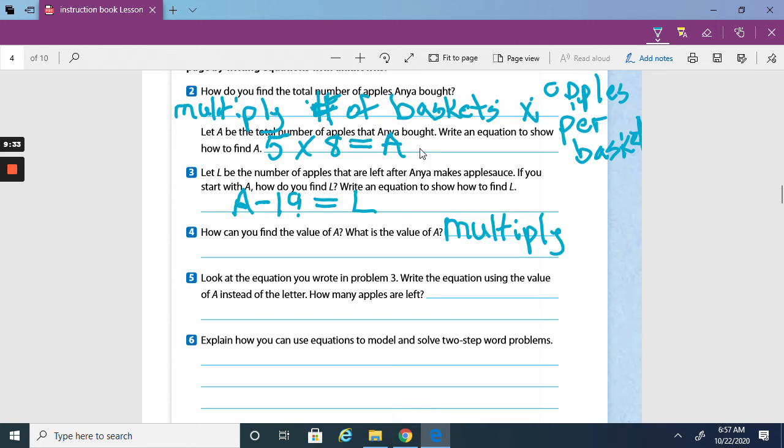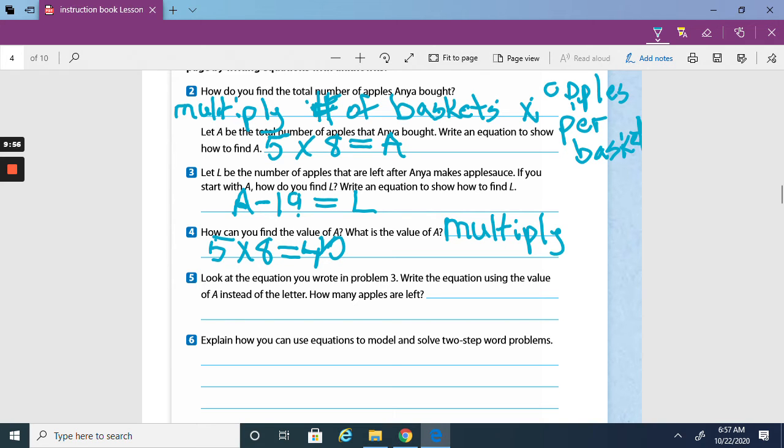So let's look at the second part of number 2. We see that if we multiply 5 times 8, we will get the number that A represents. 5 times 8 is 40.